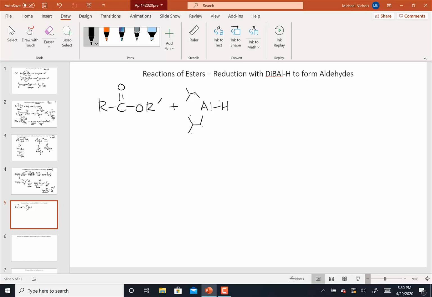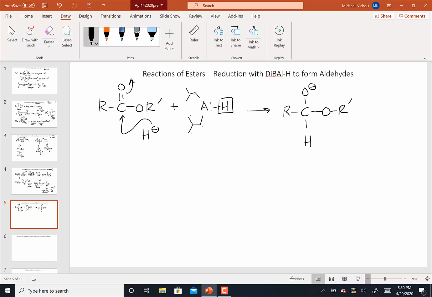There's only one hydrogen here, so that means there's only one H minus. What happens in this mechanism? The H minus attacks the carbonyl, as it always does. I end up with my O minus up here. I've added my hydrogen, and I have now my OR group. That's it. There's just one hydrogen.